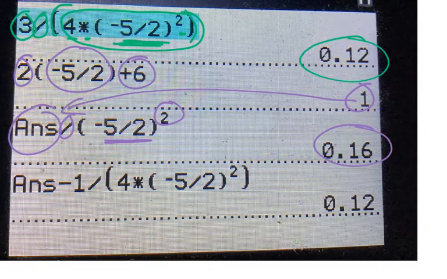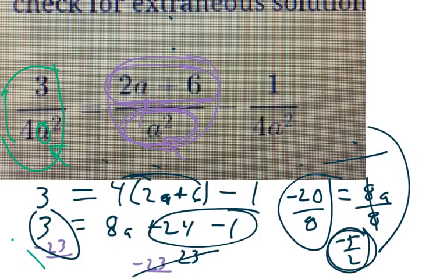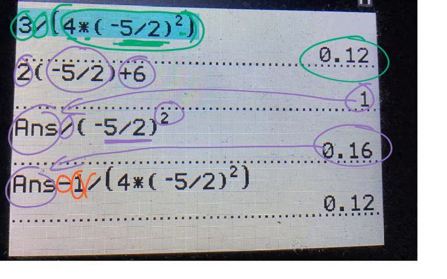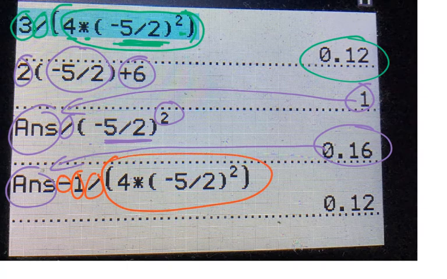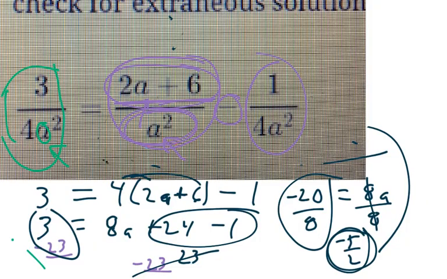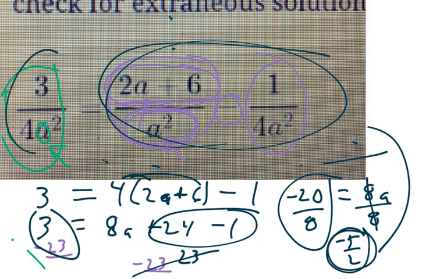Not done yet. We're now going to subtract 1 over 4a squared from it. So notice I took my answer here, and I'm subtracting 1 over, using parentheses, 4a squared. See how these two end up the same, guys. In other words, the right side is the same as the left side. They're equal to each other. Negative 5 halves, therefore, is my correct answer.